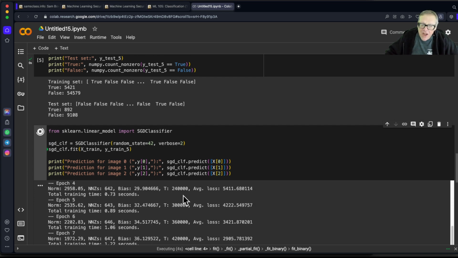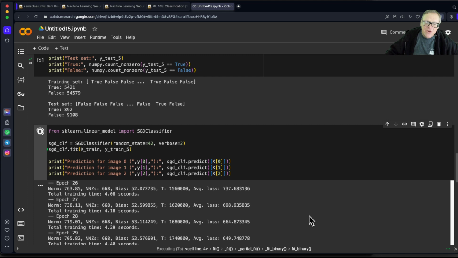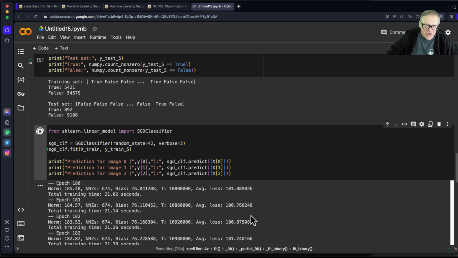Now I didn't even tell it how many epochs to train. So the default, I think, is to use early stopping. What that means is you keep training as long as the loss is going down, and the first time the loss goes up, you stop because you figure, well, that must be the bottom. That's one simple way to know when to stop.